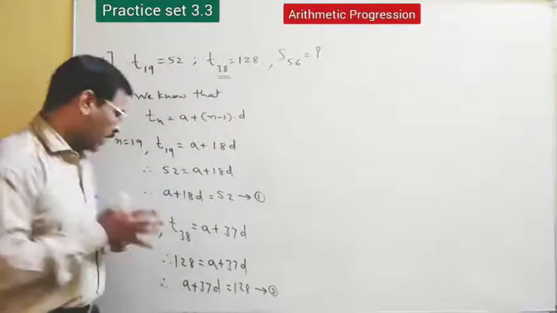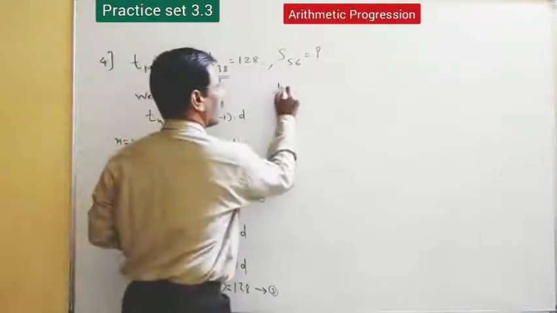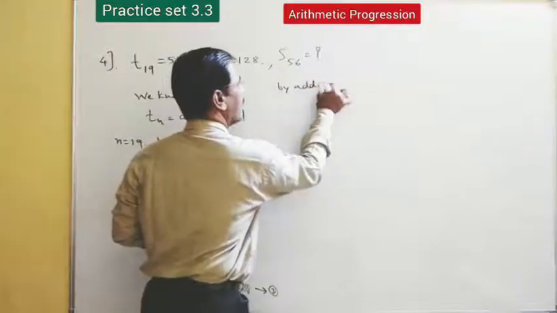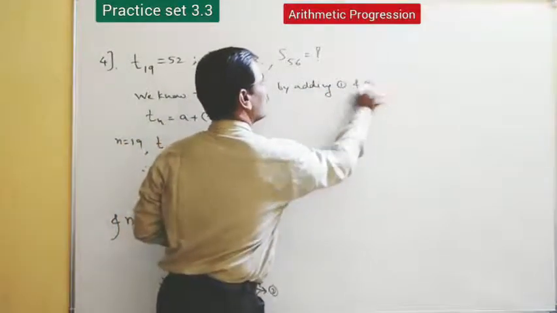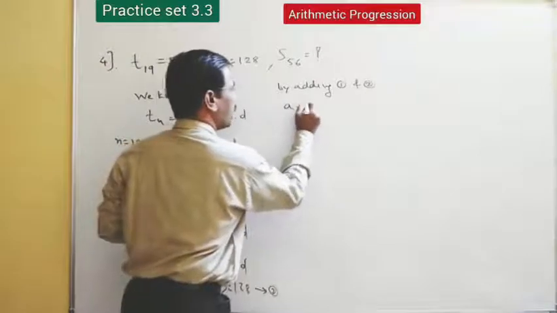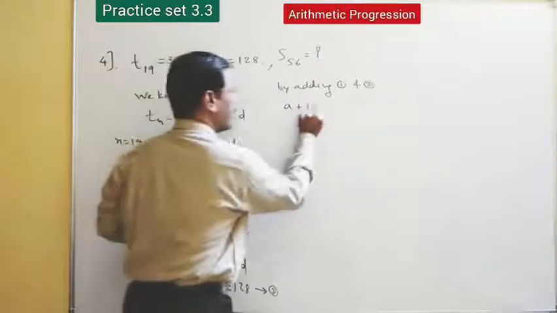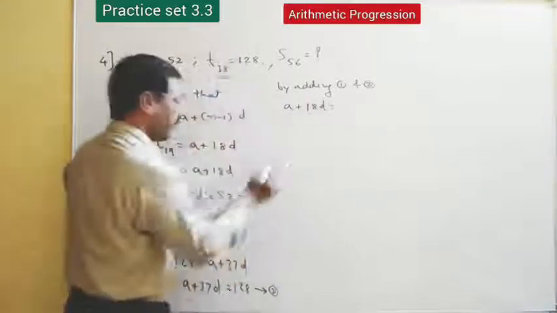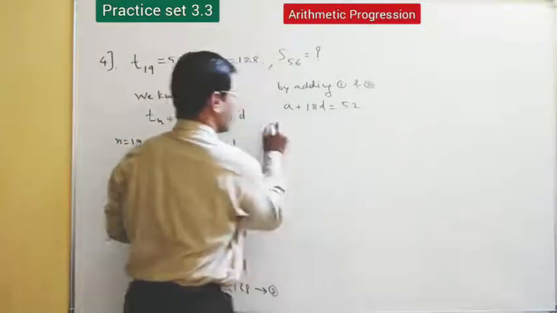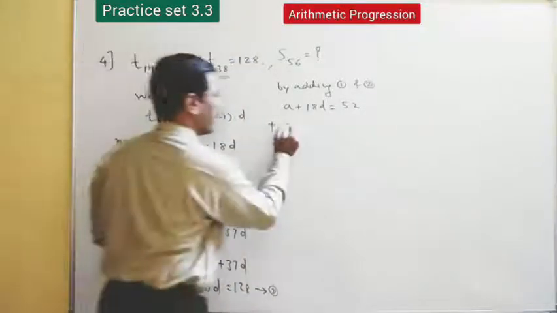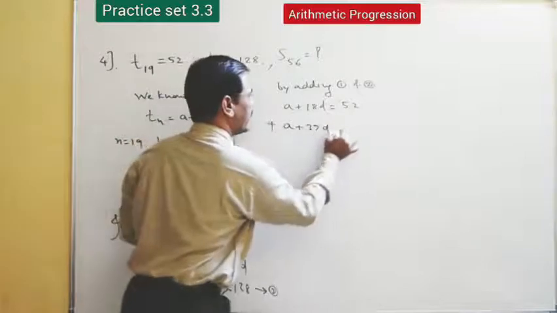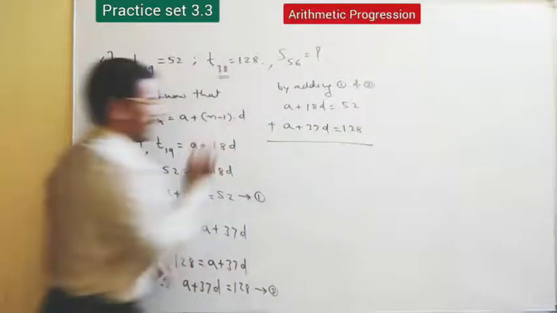Friends, so now by adding, look here, by adding 1 and 2, what can you get here now? A plus, tell me what? 18D, that is 52. Plus here A plus 37D, that is 128.